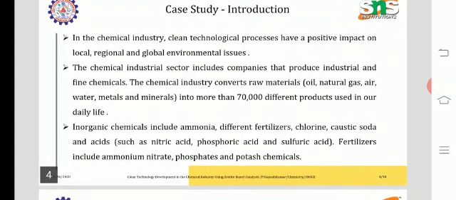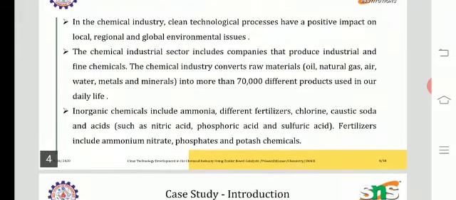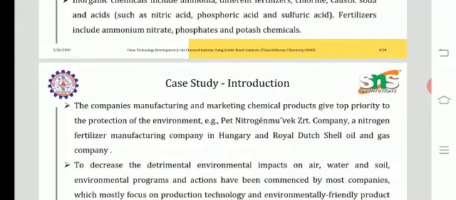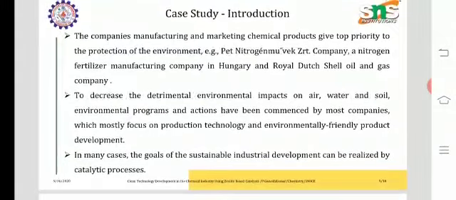The fertilizers include ammonium nitrate, phosphate, and potash chemical fertilizers. The companies manufacturing and marketing chemical products give top priority to protecting the environment. For example, take Nitrogénművek, a nitrogen fertilizer manufacturing company in Hungary, and the Royal Dutch Shell oil and gas companies.